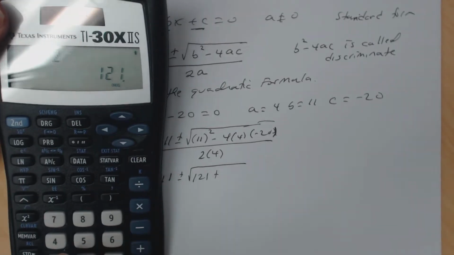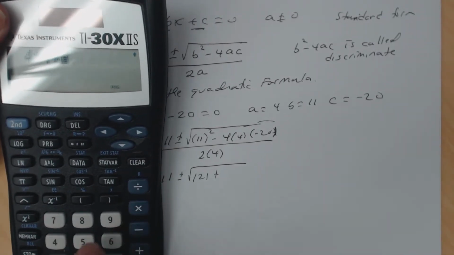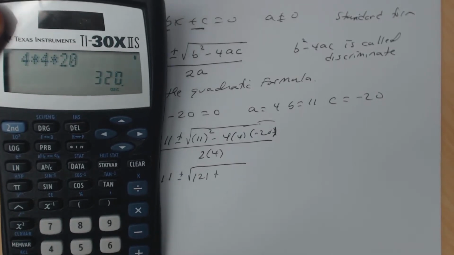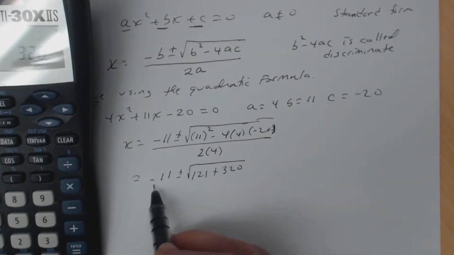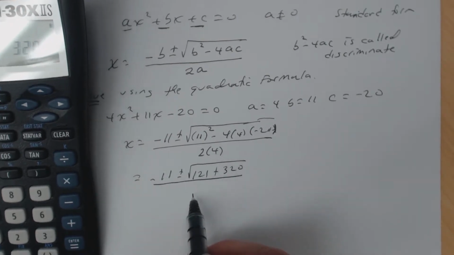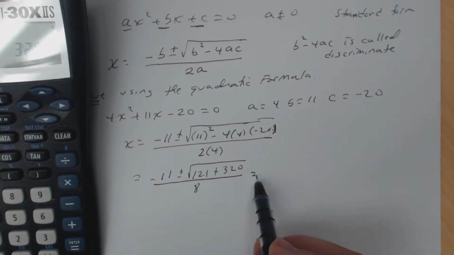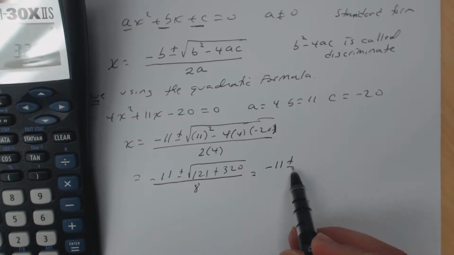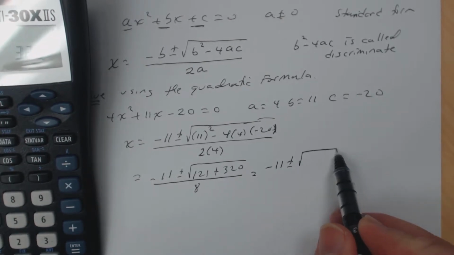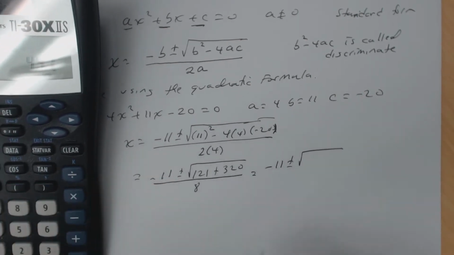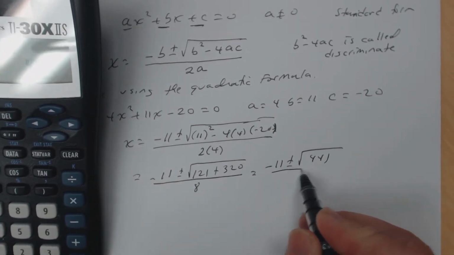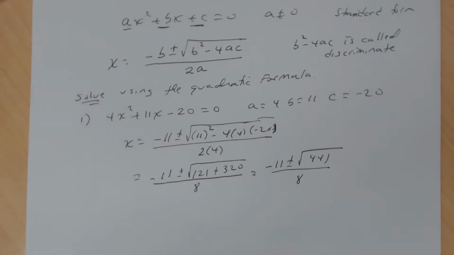And then 4 times 20 equals 320. So you get 121 plus 320 all over 2 times 4, which is 8. So then I get negative 11 plus or minus the square root of 121 plus 320, which is 441, all over 8. So that's where I'm at.